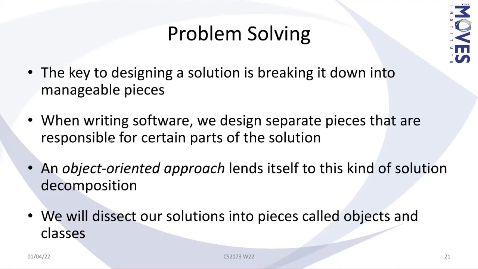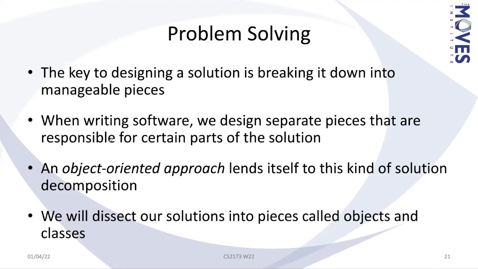The key is breaking it down into manageable pieces. And this is where object-oriented design comes in, because we break the problem into pieces, and each object corresponds to one of those pieces.